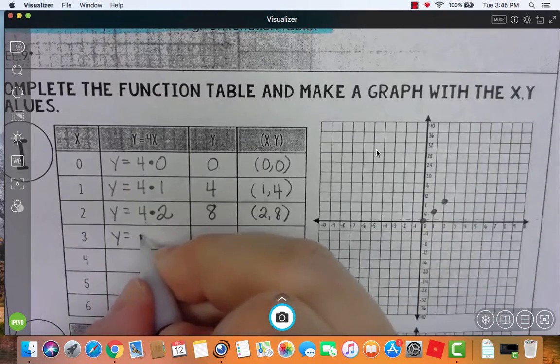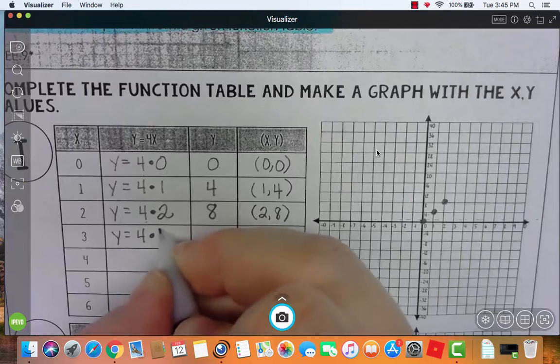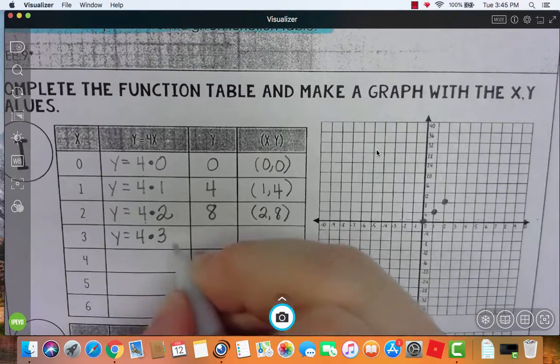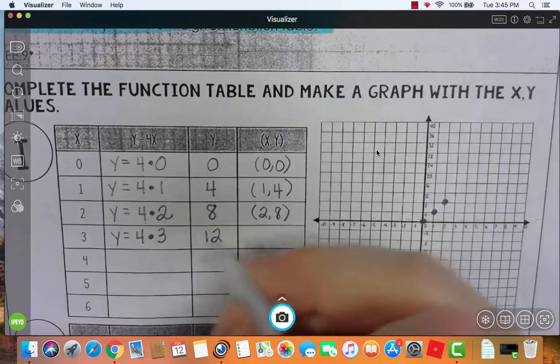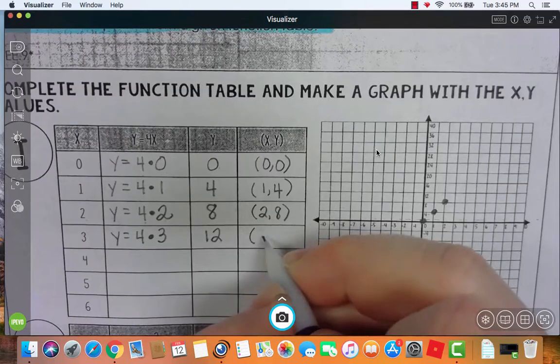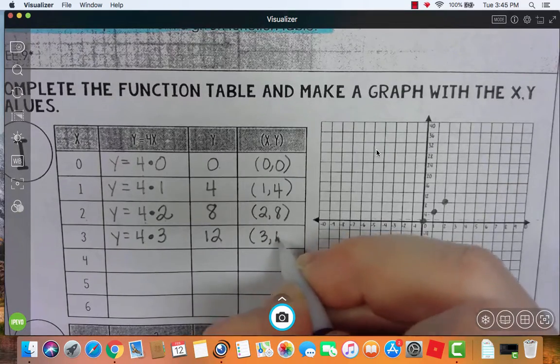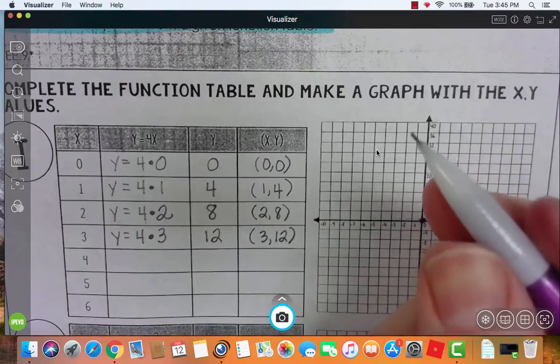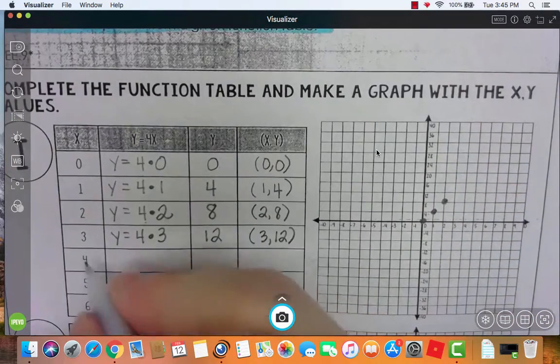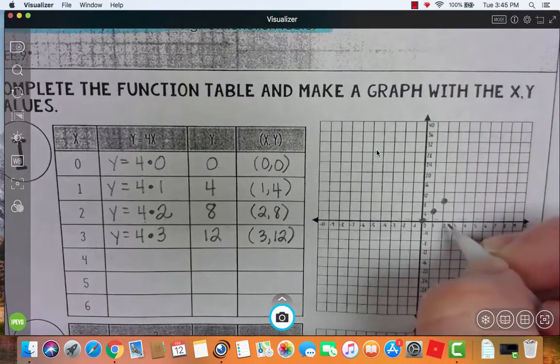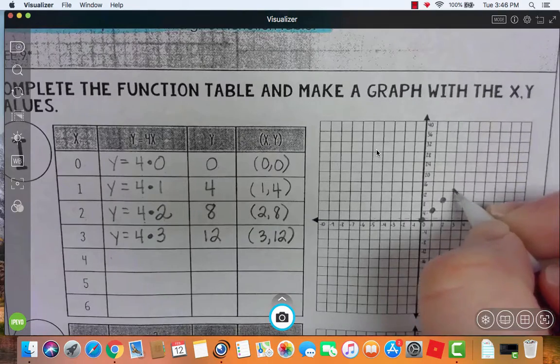Going down to 3, 4 times 3 is 12. So y equals 12. My ordered pair is 3, 12. Next one, nope, got to graph it first. Going over 3, up 12.